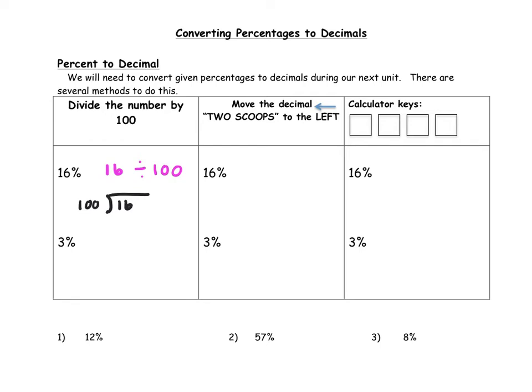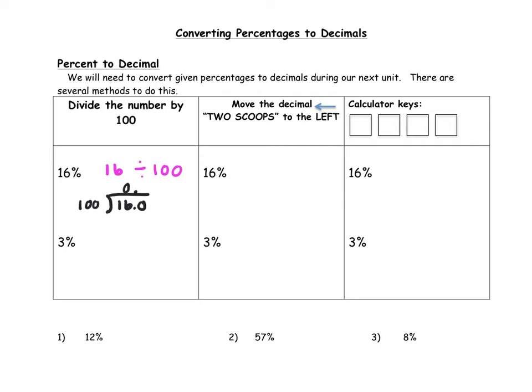So we can already see that 16 is smaller than 100, and so I can't make a group of 100 if I only have 16. So what we're going to do is use the decimals. I'm going to borrow my decimal buddies, and I'm going to pretend that this is not 16 and 0 hundredths.